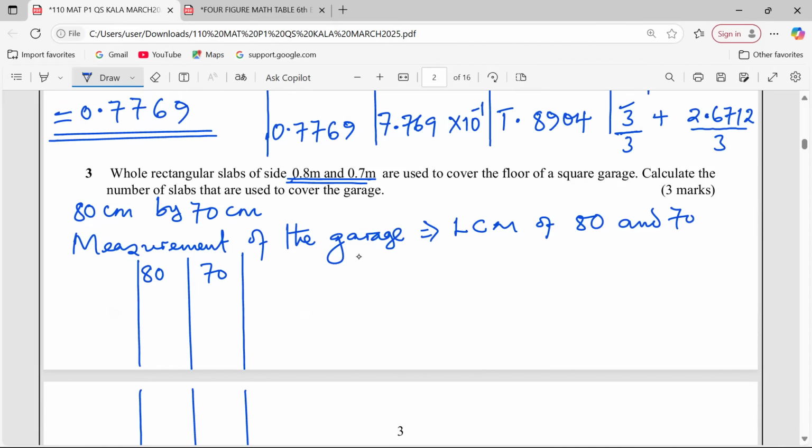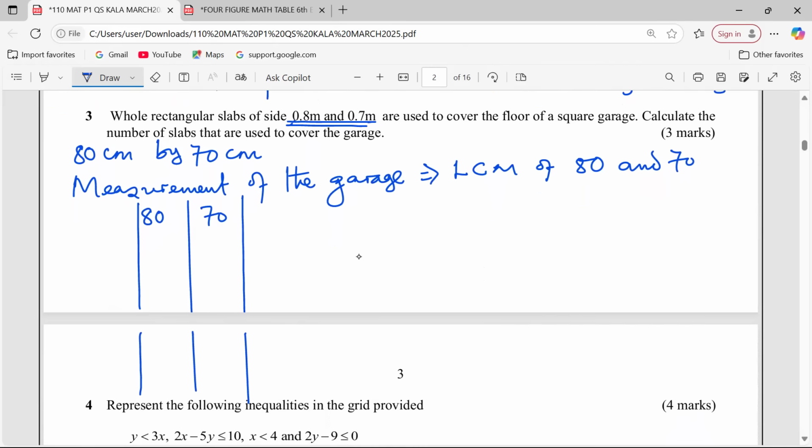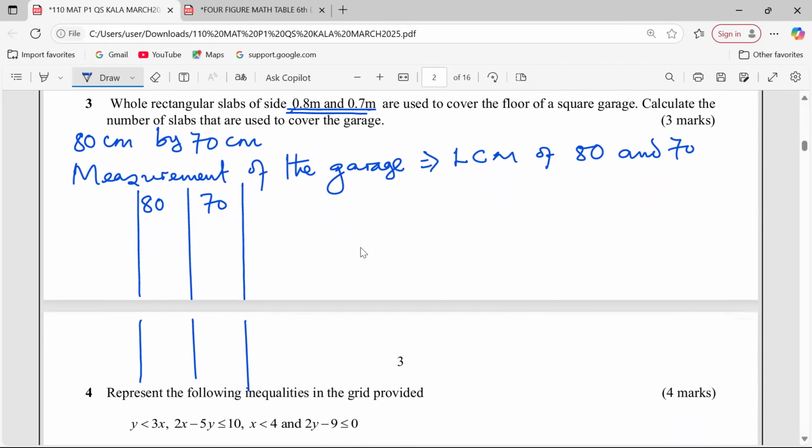In such a case, they should be able to divide the room into some number of them, and so we would get the GCD. But in this case, whereby we are given slabs and the slabs are covering a bigger room than themselves, we need the LCM. The size of the room should be a multiple of the several slabs. So being a multiple, we go for LCM, least common multiple.